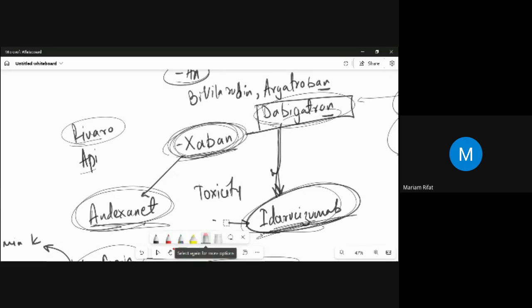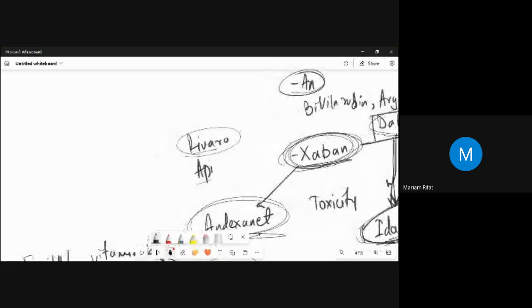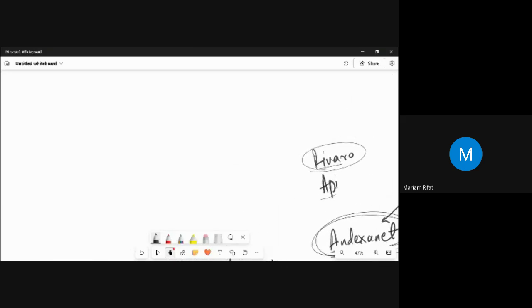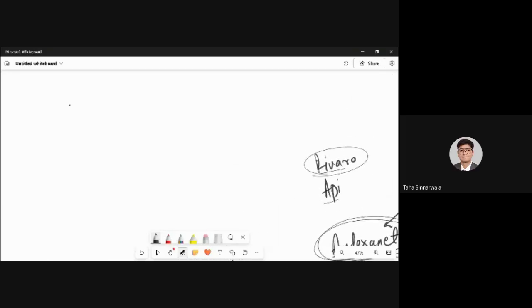Excuse me, Dr. Taha, could you please explain the INR monitoring while we are giving the patient warfarin? How do we monitor it, and what's the role of INR? So INR, or the international normalized ratio, is pretty much the same as PT.